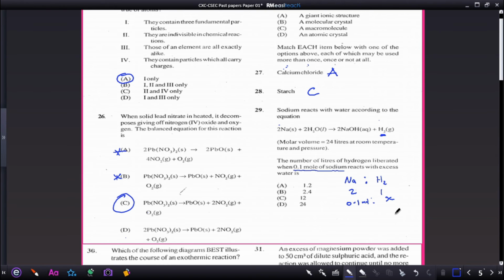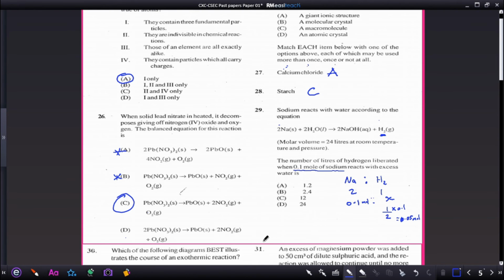So to find the moles of the hydrogen gas, it's 1 over 2 times 0.1. So that works out to be 0.05 moles. So hydrogen gas is 0.05 moles.